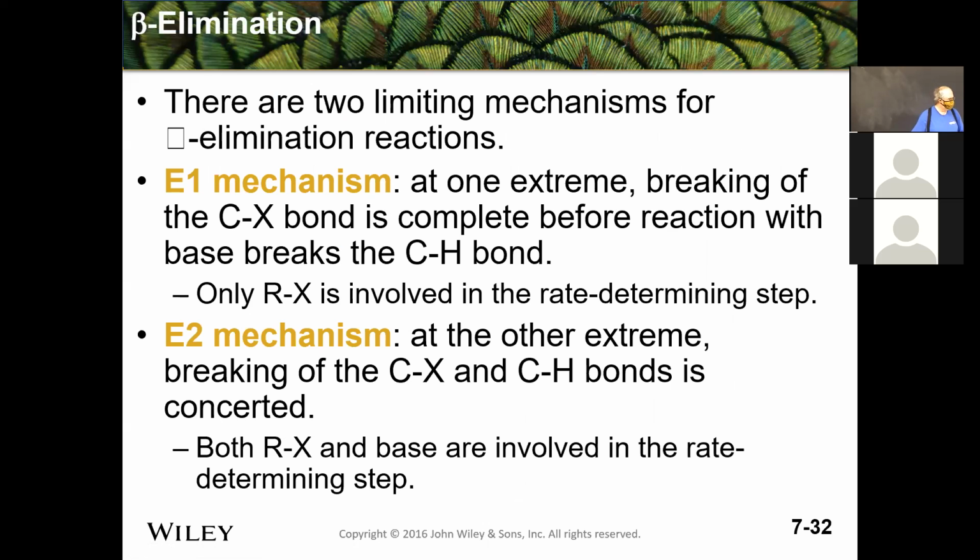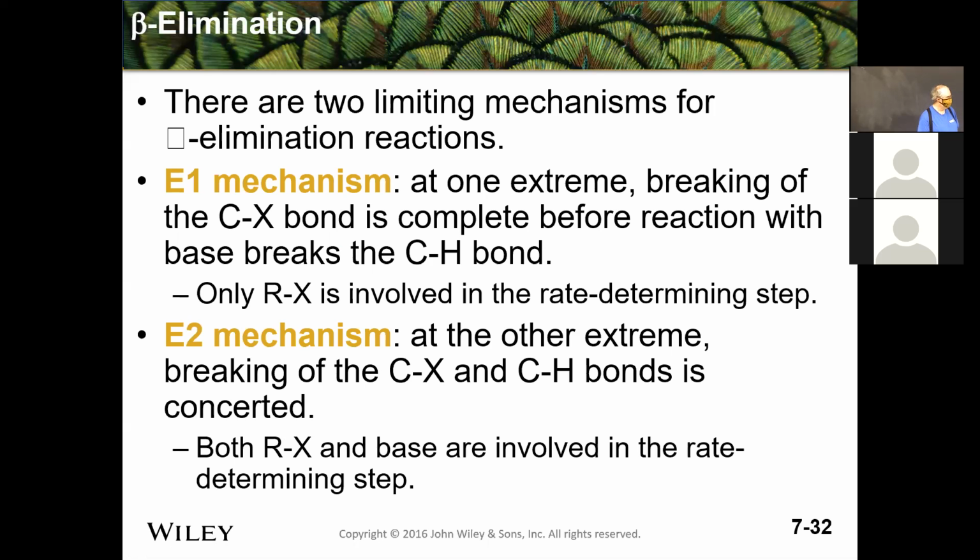Okay, just like with substitution, there's 2 limiting mechanisms. There's the E1 and the E2. The E1 is one extreme. It's the breaking of the CX bond, and that's complete before the beta hydrogen is removed.